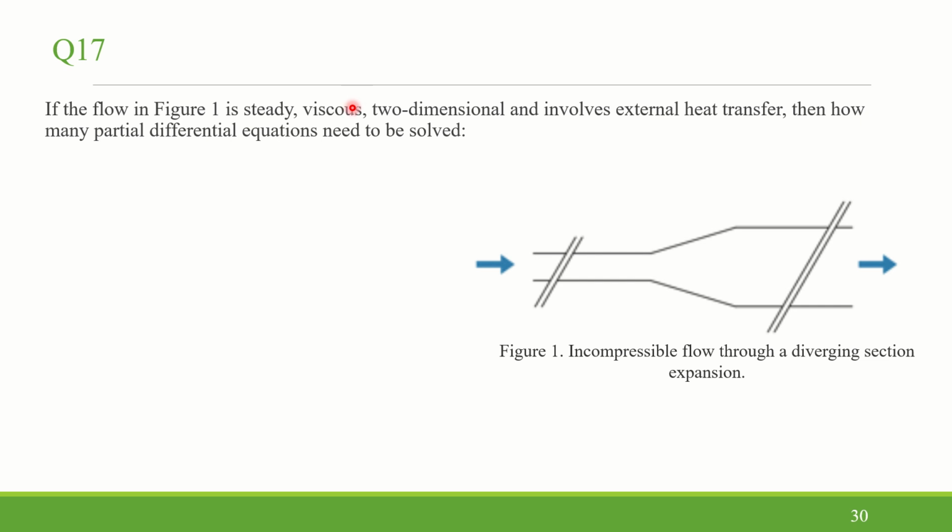So the flow is steady, viscous, two-dimensional. So we have two momentum conservation equations and one continuity equation, and it is mentioned that it involves external heat transfer. So we are heating it or cooling it, whatever, but it involves external heat transfer. So we need to solve the energy conservation equation as well.